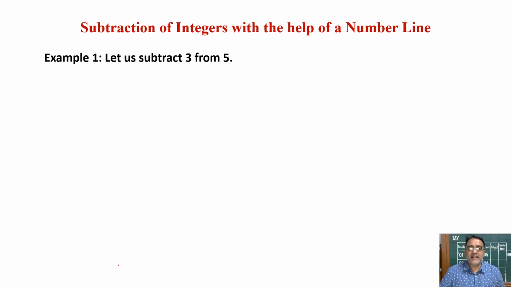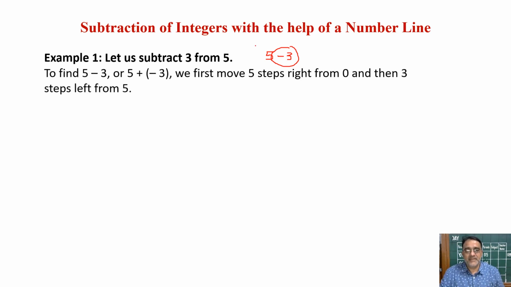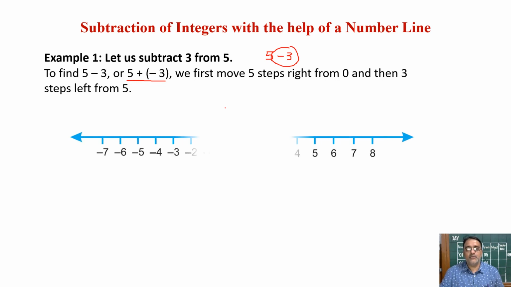First example. Let us subtract 3 from 5. So how we will write 5 minus 3? So this we can write 5 plus additive inverse of 3, that is -3. Okay, 5 plus -3. So how we will do? First we will move to 5.